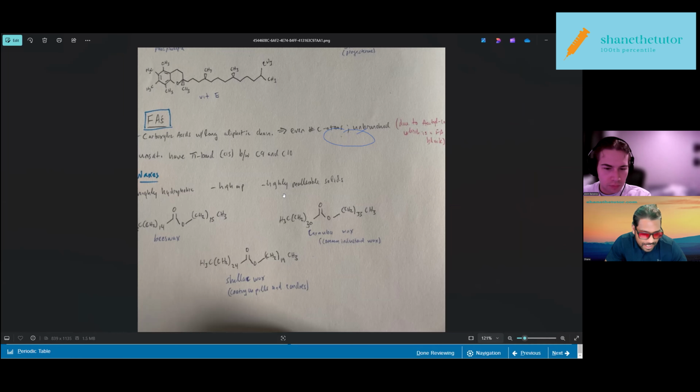So we have these examples of waxes where you have a large carbon chain to the left and right with an ester in the middle, right? That's R like that, right? So you don't have a glycerol backbone in this, right? Got it.